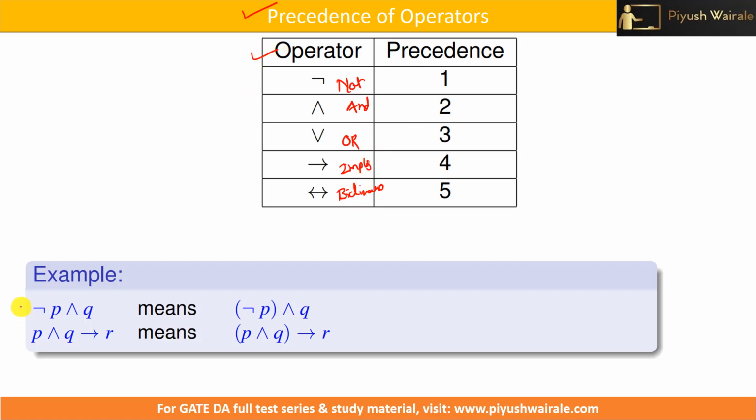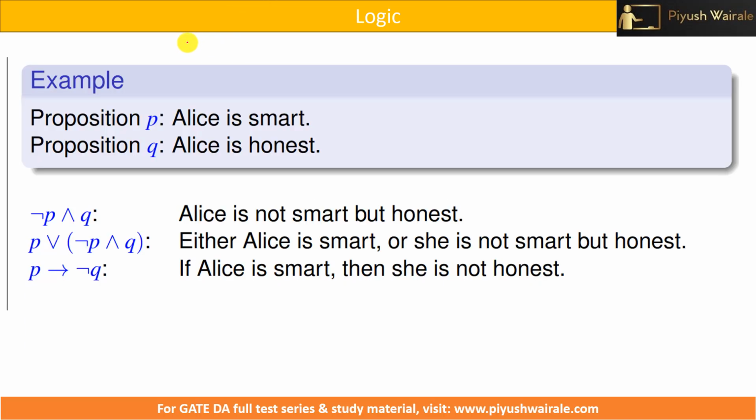And this is how we use the precedence of operators. Say for example, if we have to solve this particular expression, first we'll take the negation and then we'll take the and. Here also first we'll take the and operator. Here we first perform the AND operation between P and Q, then we'll take the implication with respect to R, right? So this is how the precedence of operators works.